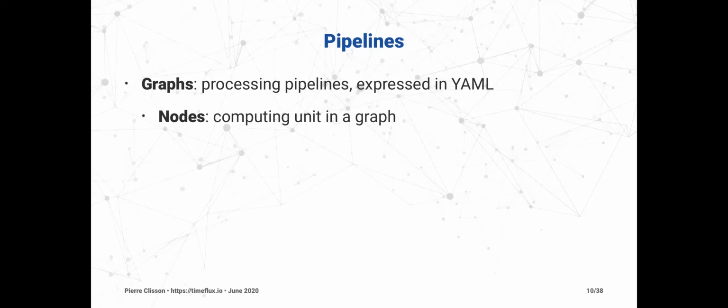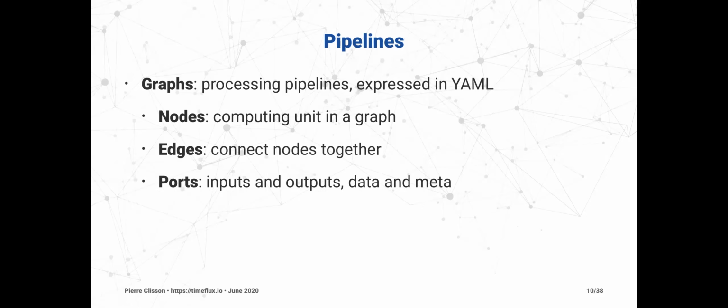Maybe you will have a node to do machine learning, a node to send data through a socket, etc. Everything is a node, basically. Edges connect nodes together, and ports are the connection points between nodes and edges. And ports provide inputs and send outputs.